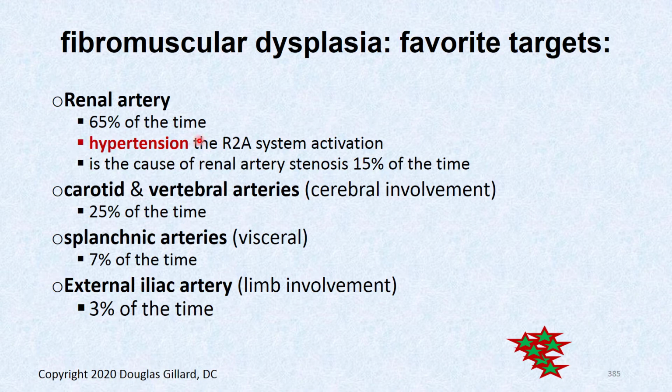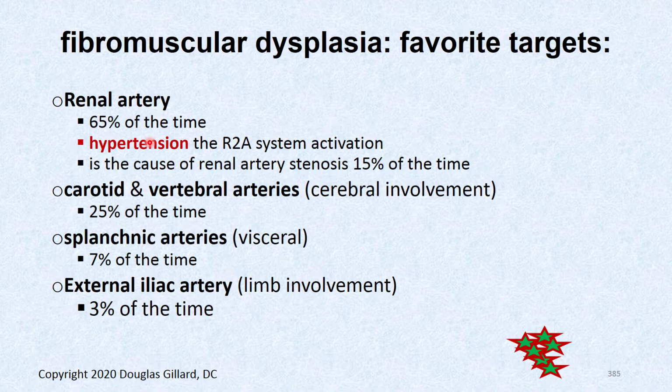Yeah, renal artery stenosis, from whatever reason, is the most common cause of secondary hypertension. This is probably the second. So 65% of the time it hits the renal artery. And if it narrows the pipe to the renal artery, the juxtaglomerular system turns on and renin's secreted, and you know the rest of the story.